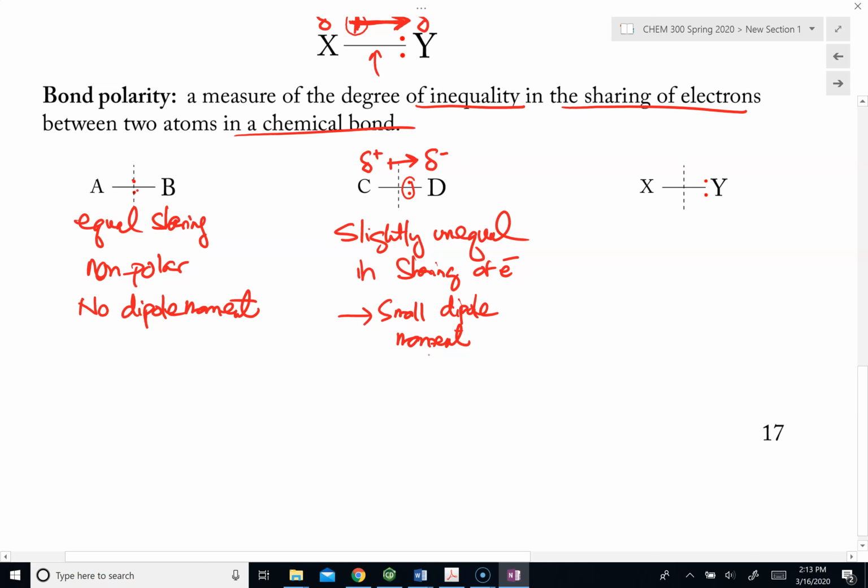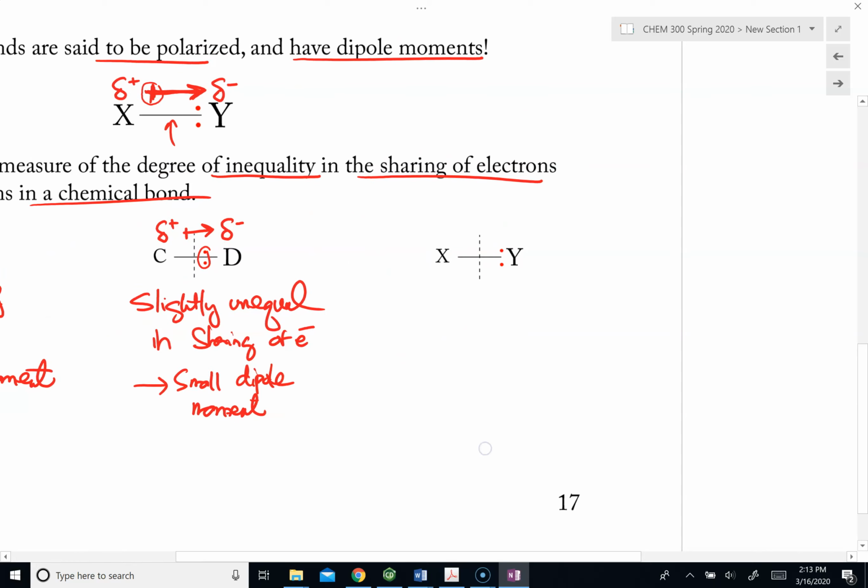If we were to go back to another example between X and Y, in this case there is a high degree of unequalness in sharing of electron, so it is very much shifted to atom Y. We would draw the dipole moment here, and it would be a big dipole moment, to say electrons are shifted heavily to the Y atom.